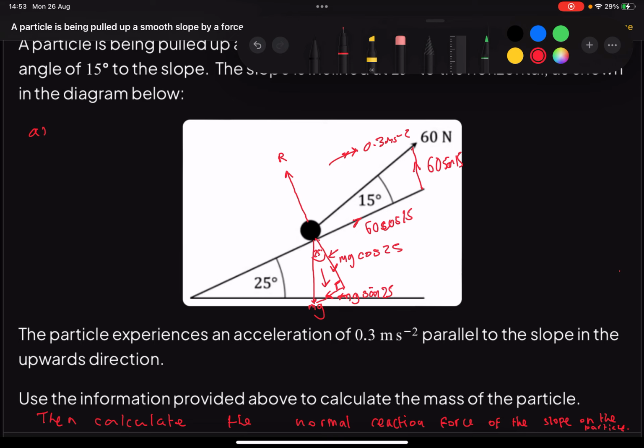And since this goes upwards, and acceleration is going upwards, you can say that this is positive. And since mg sin 25 is acting in the opposite direction, we can say that it is negative.